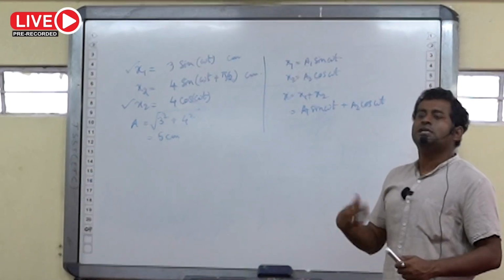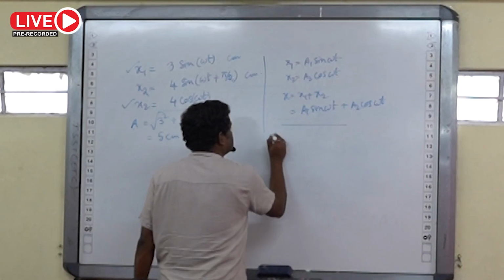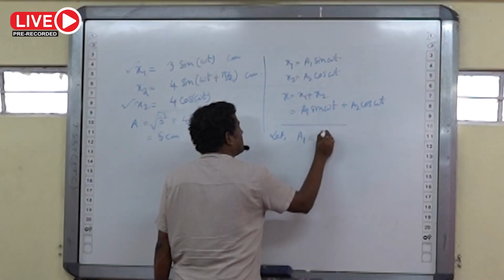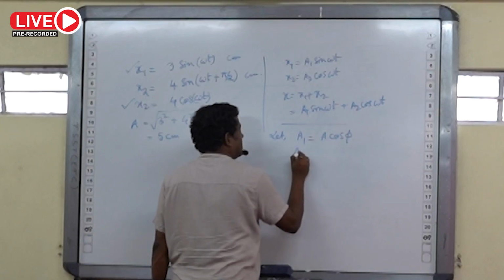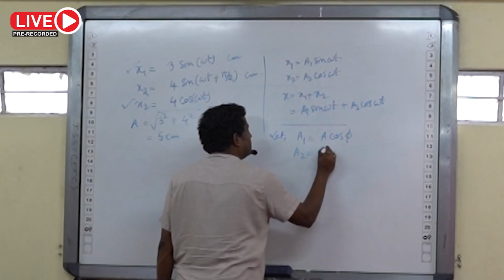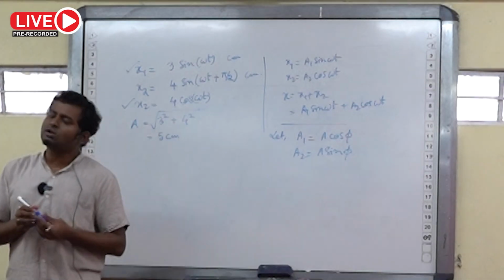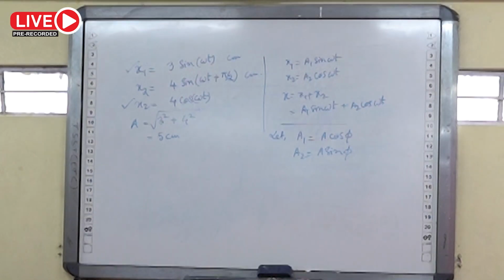Now you consider it in a different manner. Let a1 equal capital A cos phi and a2 equal capital A sin phi. I will consider that. Now you are saying, why this particular shape?